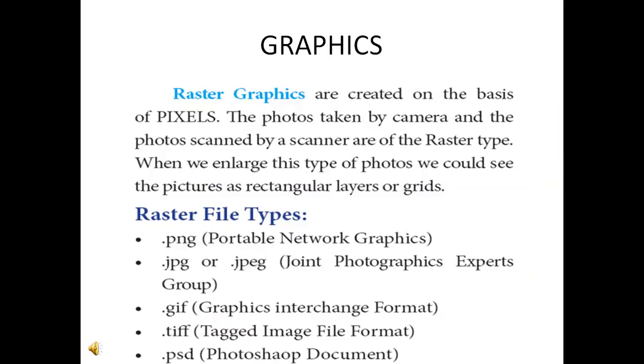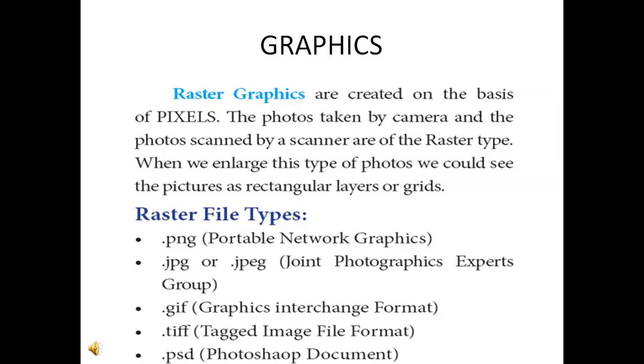Next, graphics. Raster graphics. The picture or image which is created by raster graphics is stored as a file and data. Pictures are of 2 types. One is vector, another is raster. First, raster graphics.